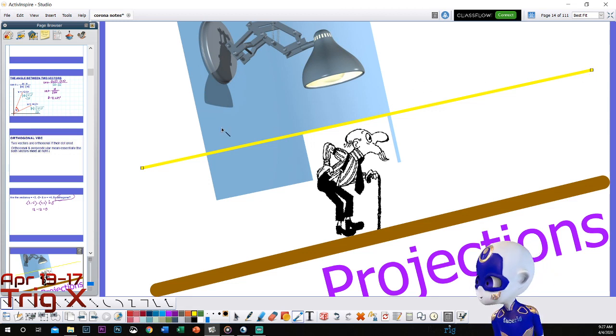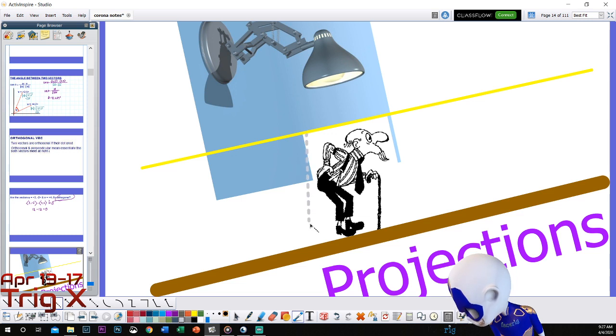So this yellow line represents just a ton of lights that are all over. Okay, so since this is the set of lights and it's shining straight down, it's going to create a shadow on the ground. And in order to figure out where the shadow goes, you just make some perpendicular lines.